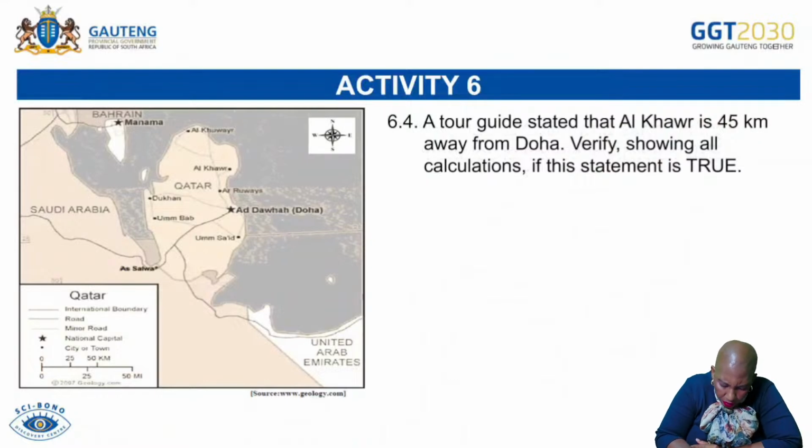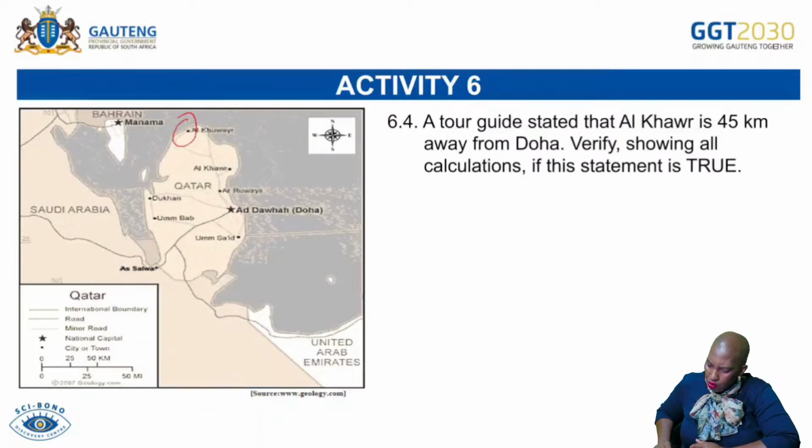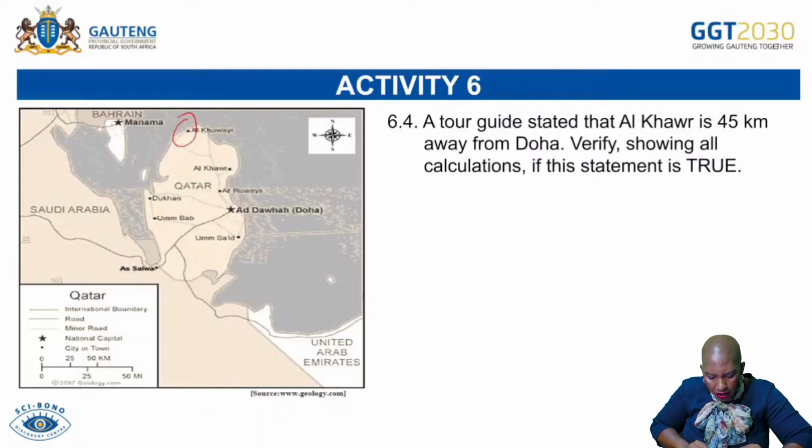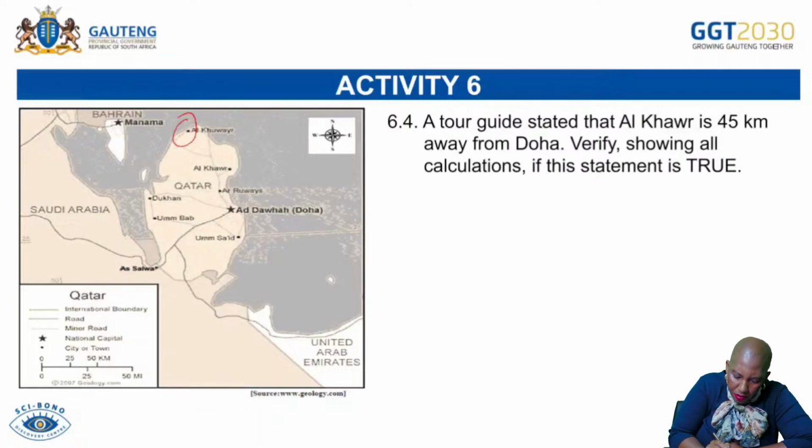There is Doha, and then there is our Alcal. You have to take your ruler, and then measure from this point up until there, coming straight to here.